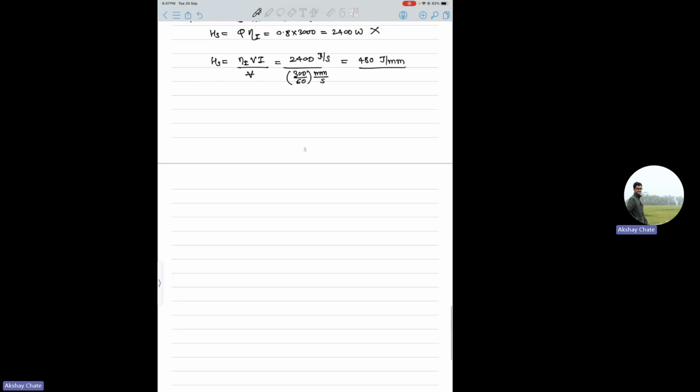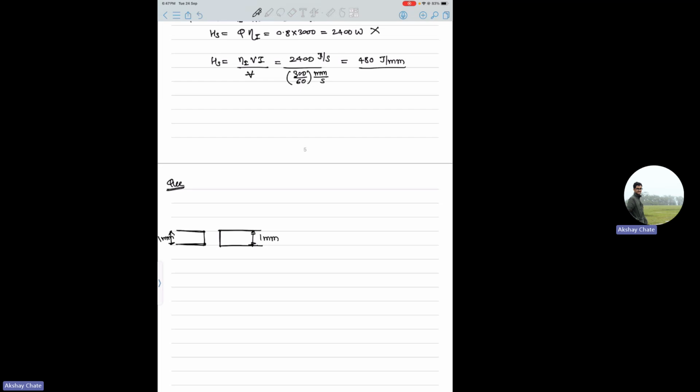So basically, this is related to something called spot welding, but you can treat it as a general welding thing. So what is happening is there are two sheets, each 1 mm thick, and they are being welded together.